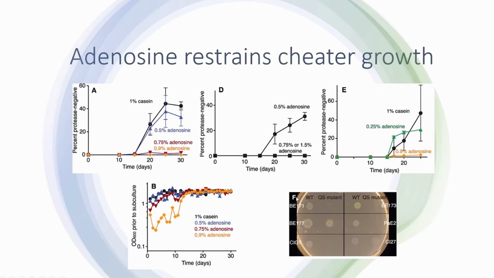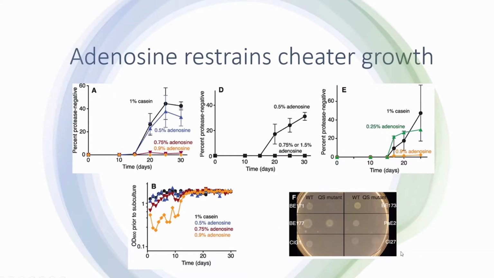It's an unaffected, unmutated, normal, natural bacteria. And QS mutant stands for quorum sensing mutant. So these are mutants that are not able to quorum sense, so they're not able to share these chemical signals and receive those signals and act as a normal quorum sensing bacteria would.